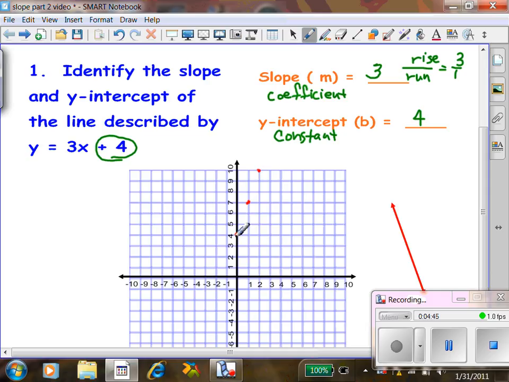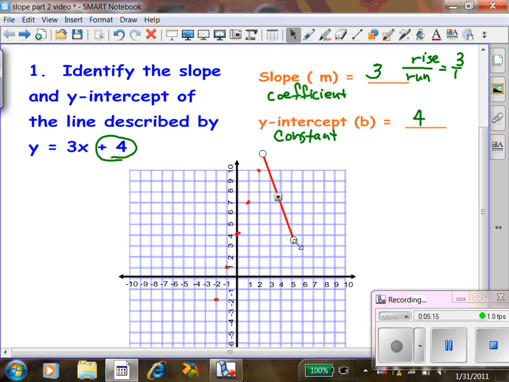Now, if I wanted to go back down this way, I could do the same thing as long as I follow the same pattern. This time, though, I need to go down. So if I were to go down 3 and over to the left 1, that will get me a point on that line. And I could go down 3 more and over to the left 1, and that will still be on that same line. Now I'm just going to take my line and connect these points.